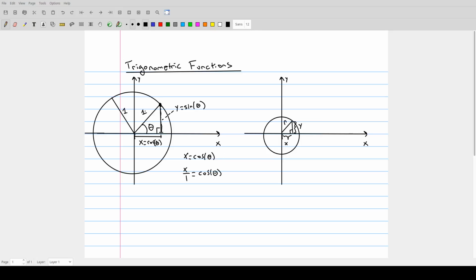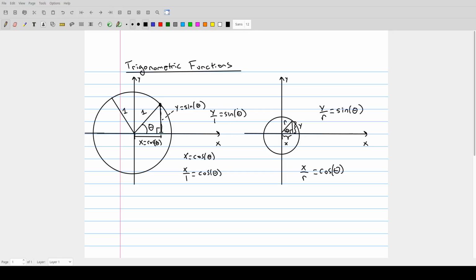And because this triangle is similar to this smaller triangle, with the same angle theta, the relationship for the smaller circle, or really any other circle of any other radius, is that x over r is equal to cosine of theta. And similarly, y over r is equal to sine of theta, because for the unit circle, y over 1 is equal to sine of theta.